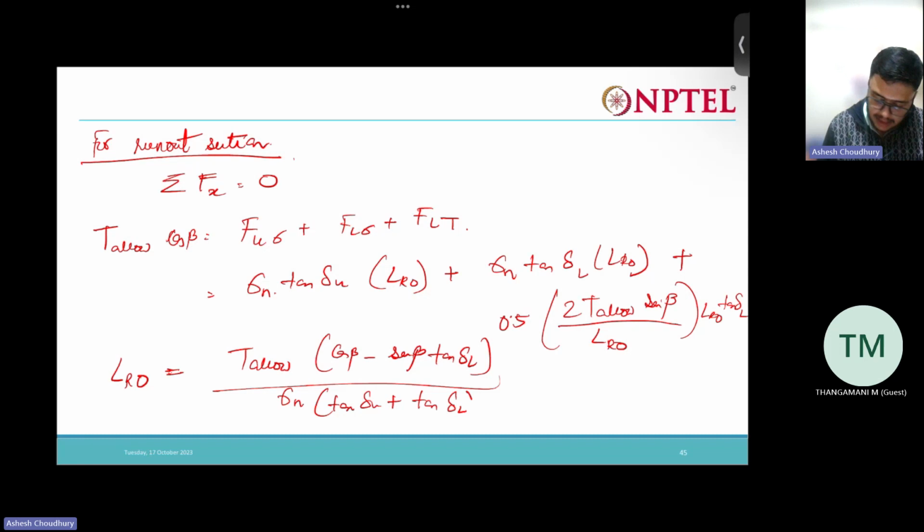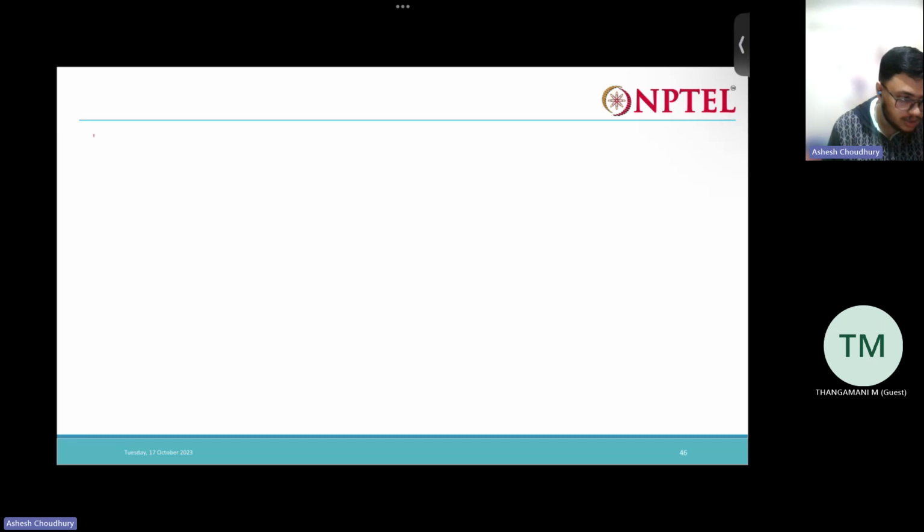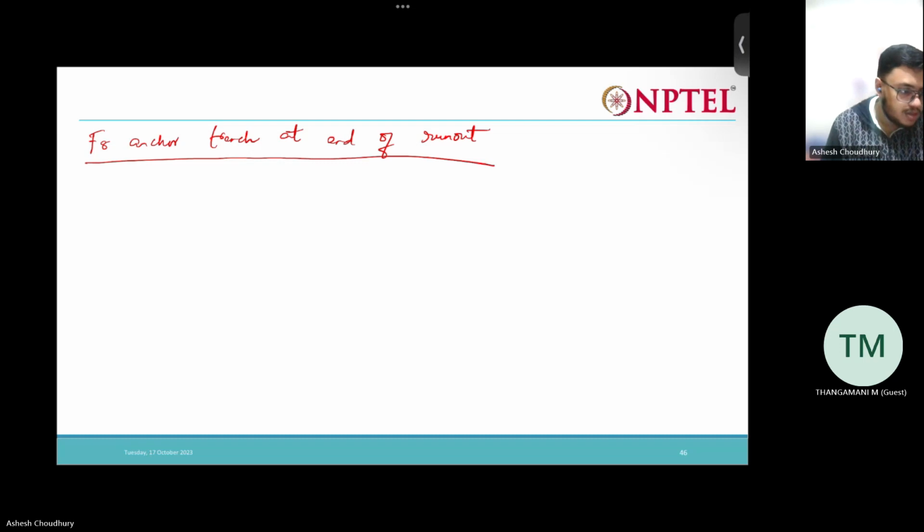What is this T allowable? T allowable is the same as before. It is nothing but sigma allowable, the allowable stress, into the thickness. Now in the case of runout for trench.